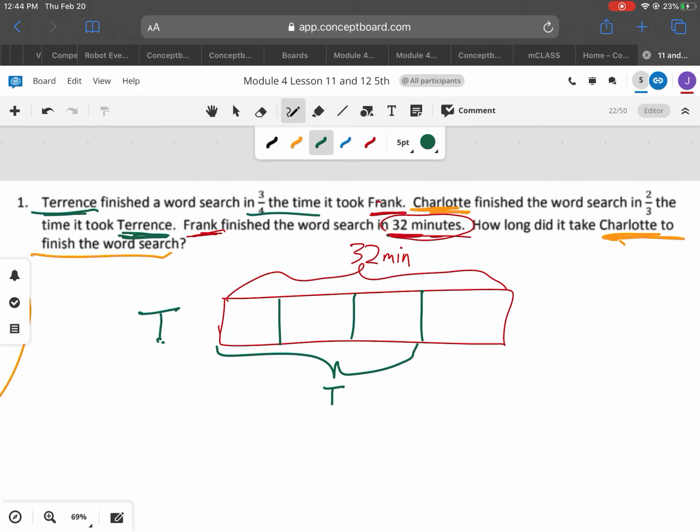I know I put a T here, but that should actually be Frank. Terrence is at the bottom because he did 3/4 the time. So some of you already know this, 3/4 of Terrence time. So we know that we're going to do 3/4. Oops, sorry, I'm not going to do that part.